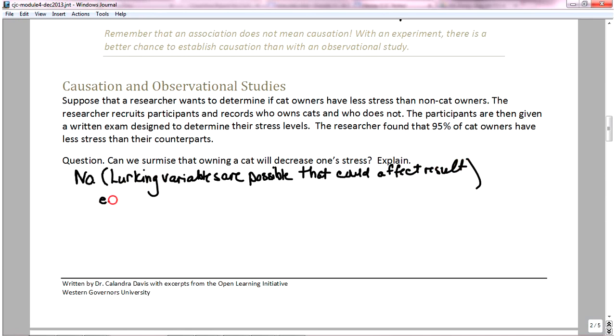So for example, perhaps the income or the employment status of the participants may affect their stress level, whether they have a cat or not.